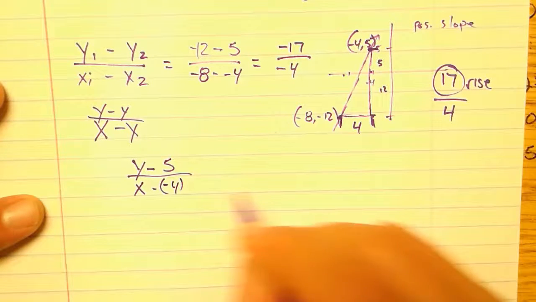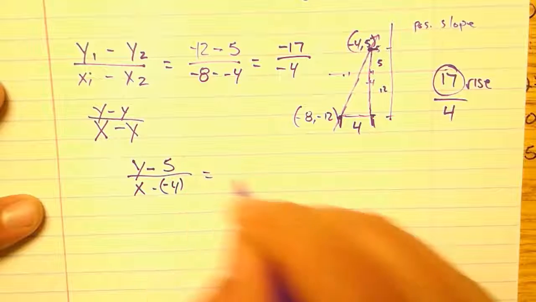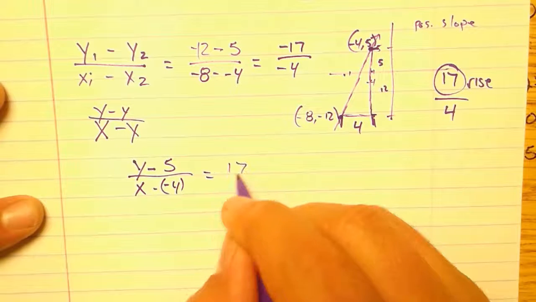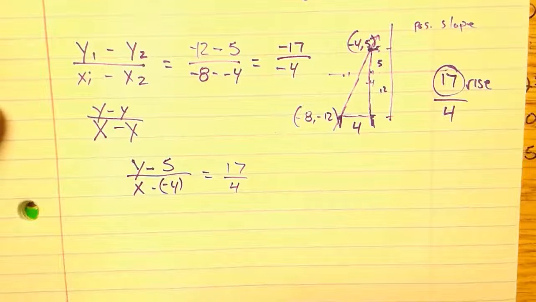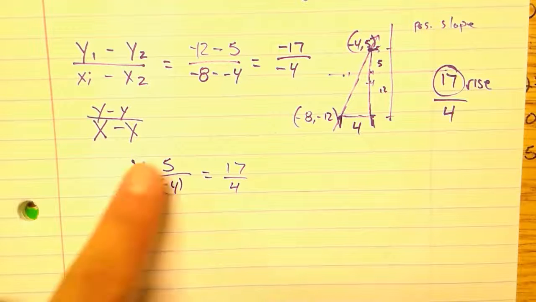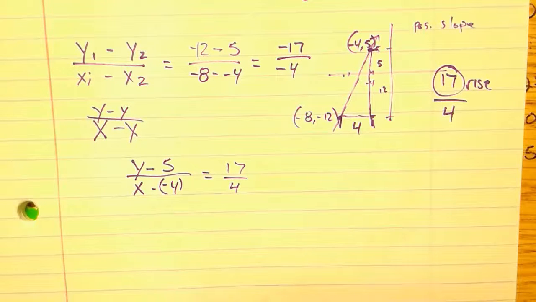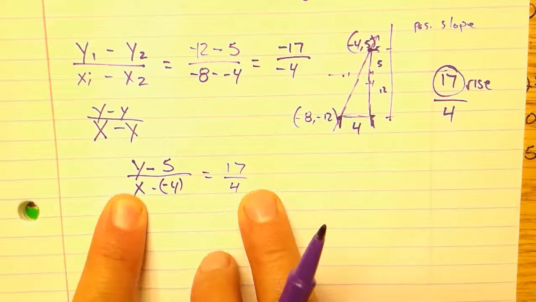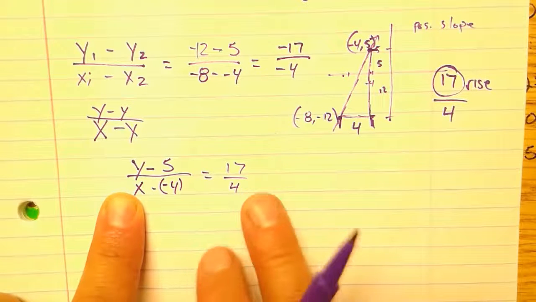That is equal to my slope. My slope is 17 over 4. I'm not done yet, but this equation that you see here would be enough for me. I don't know if that's enough for Khan Academy, but this is all that I would need to write.